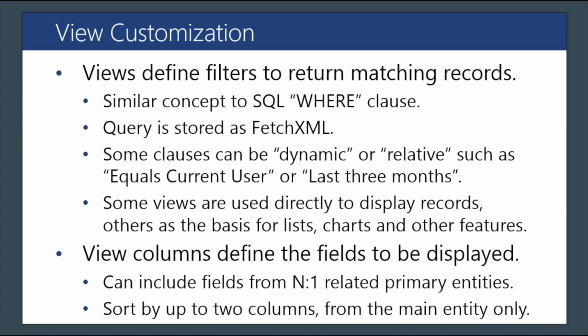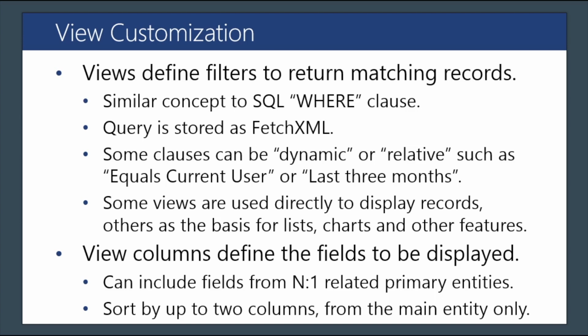So some users use views to directly display records, and others may use them as the starting point for looking at other information or tying to a chart, potentially within a dashboard. Sometimes you may display a list view of certain information and a chart that gives a different representation of the same information. And then, of course, there's a number of other features that you can do with that.